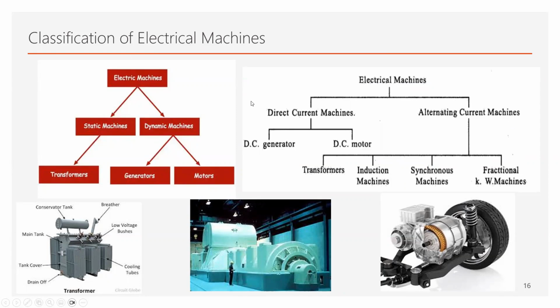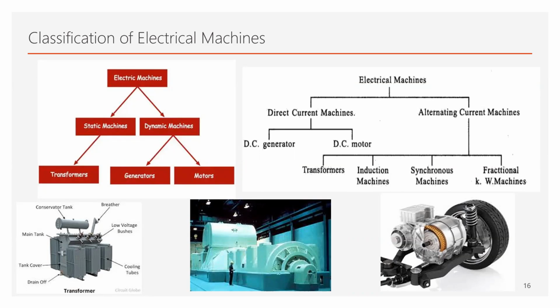For example, a DC generator generates DC power, and a DC motor takes direct current. The input of a generator is normally mechanical, but the output of a DC generator will be direct current. Same for the DC motor: the input will be DC electricity, but the output will be mechanical.